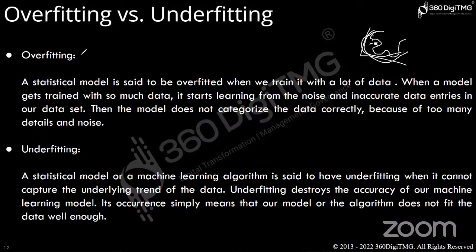So you can say overfitting is an issue when we have high complexity of the model. Underfitting is when we have high complexity of the data. Here, the complexity of the data is higher.